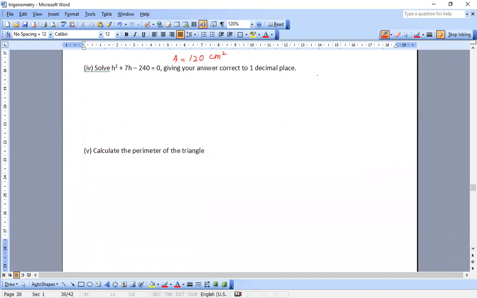What is the quadratic formula? The quadratic formula is x equals minus b plus minus square root of b square minus 4ac, divided by 2a.